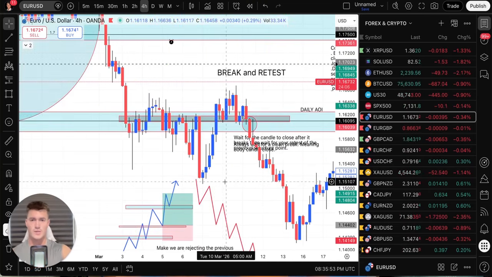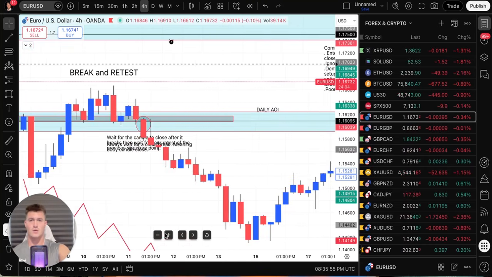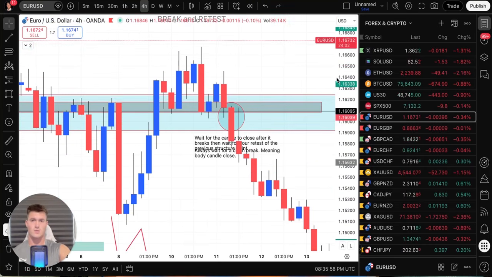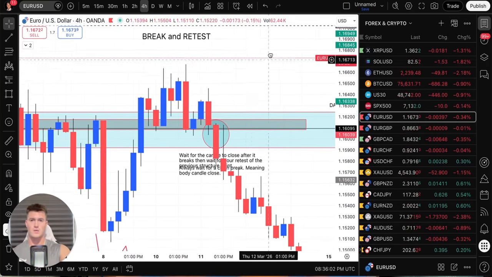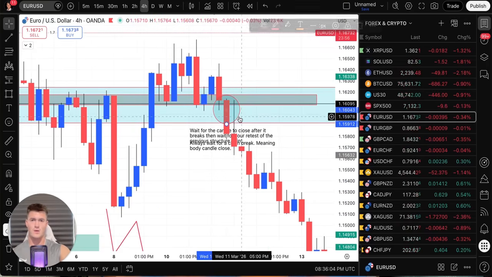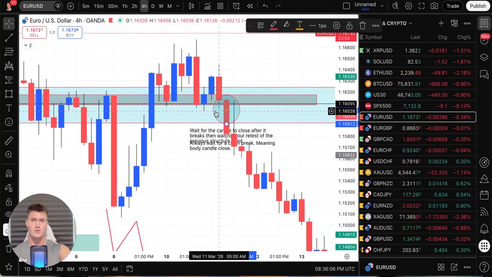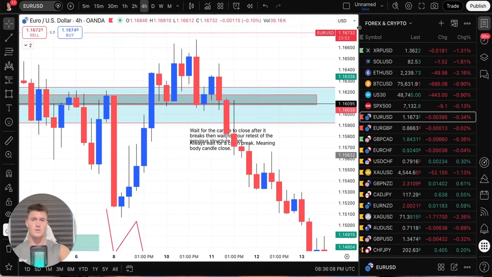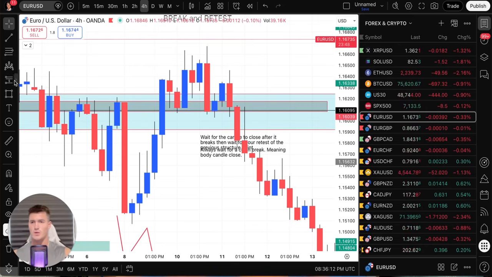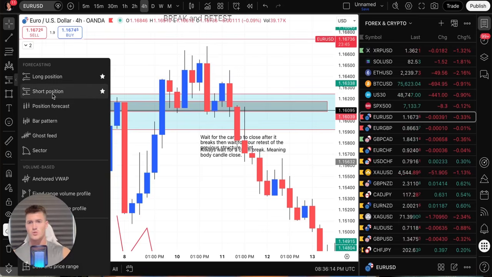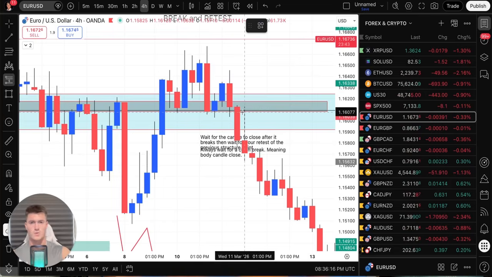Right here, so let's go back to our head and shoulders. Right here with our head and shoulders. Let's get our short position. This is where we would have entered.